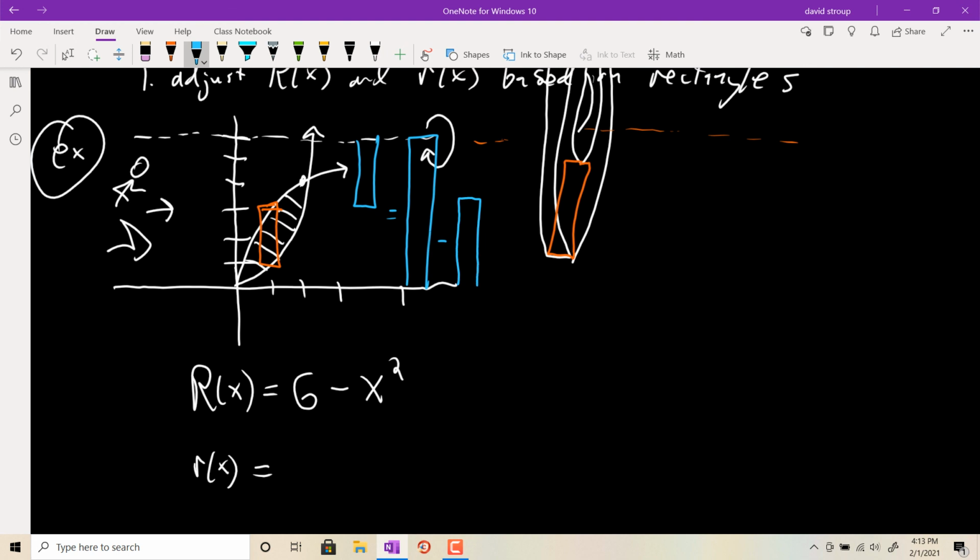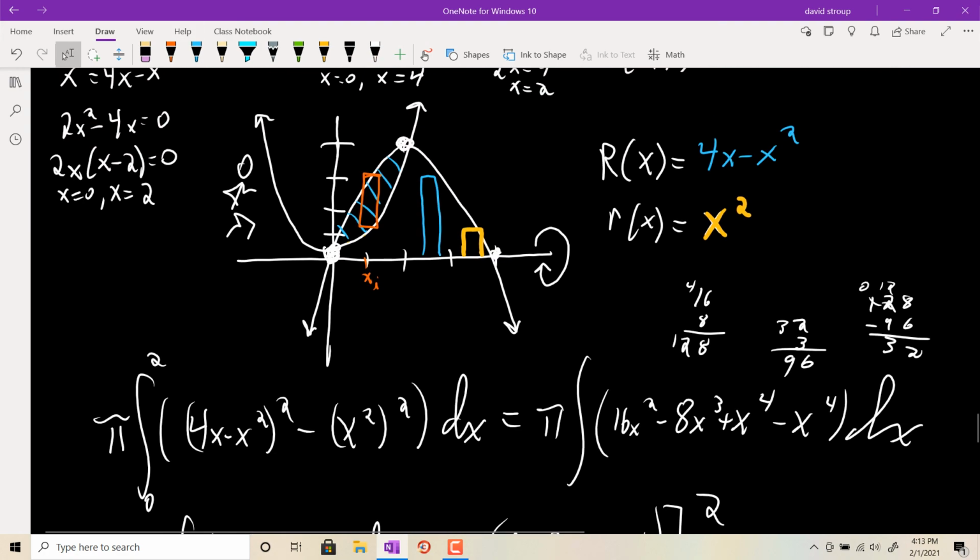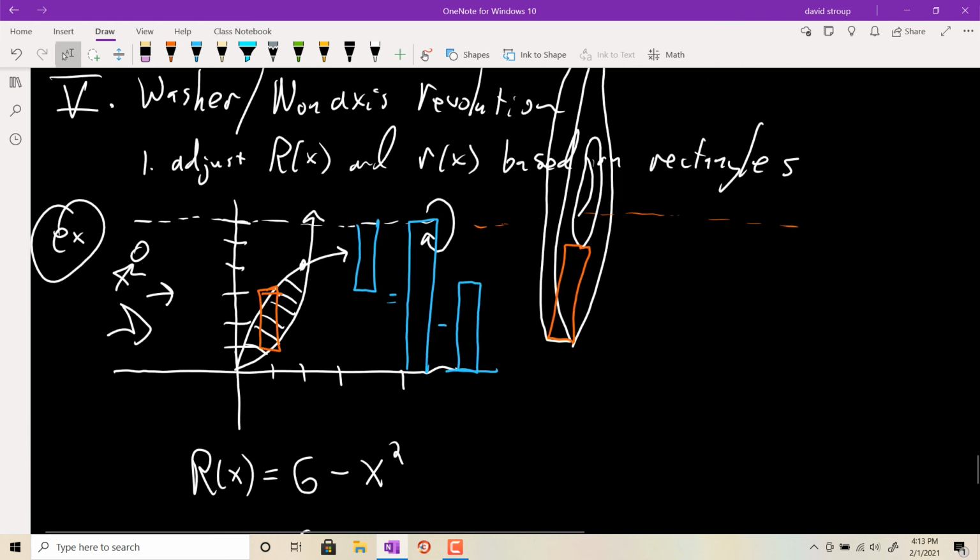In this case, it's weird because the top curve is kind of like the bottom curve in this orientation. So anyways, it's 6 minus the distance to this top curve, which is really the bottom curve in our orientation. So 6 minus whatever that top curve was, 4x minus x squared.